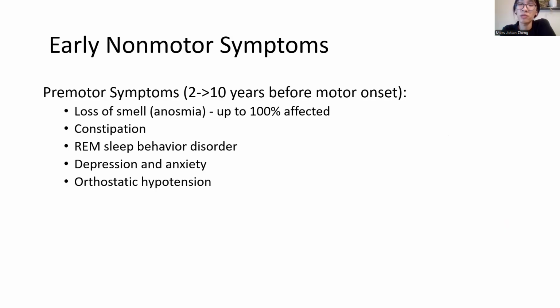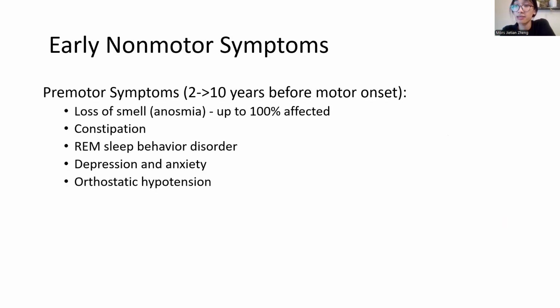Rapid eye movement or REM sleep behavior disorder, where patients act out vivid, often violent dreams, occurs in 50 to 60% of patients and has the highest diagnostic strength as a biomarker for Parkinson's disease.